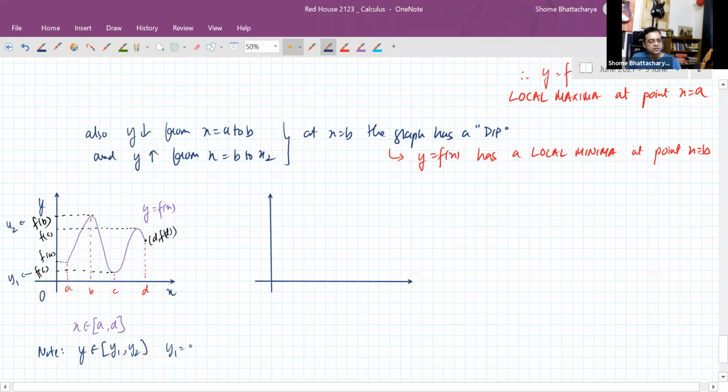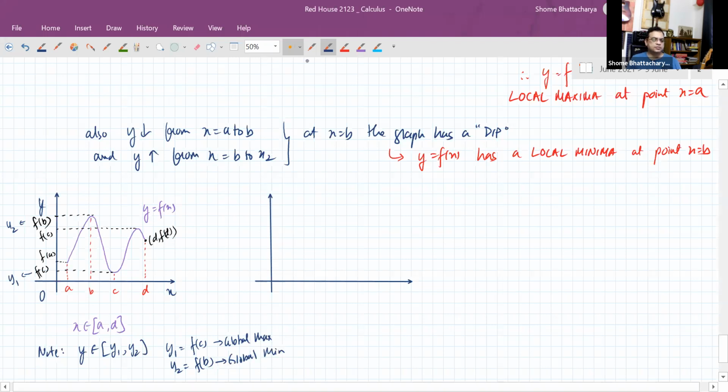Where y1 is equal to the value of the function at C and y2 is the value of the function at E. So these are our global maxima and global minima. Okay.